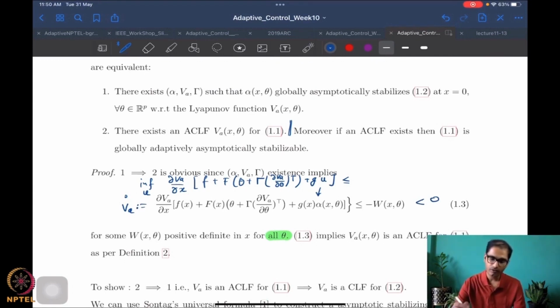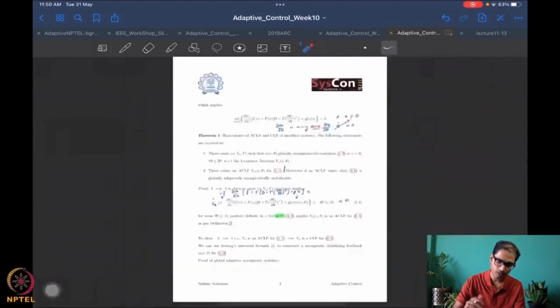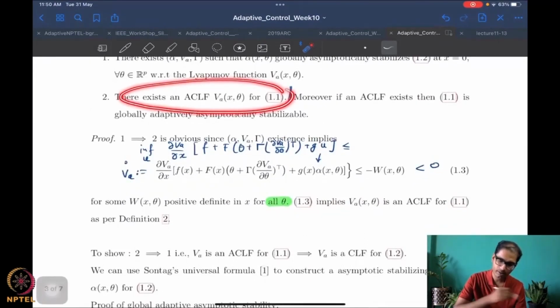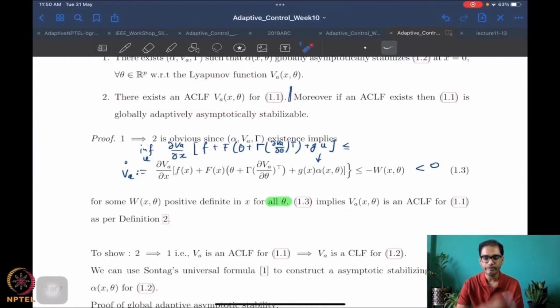Therefore VA is an ACLF for 1.1. And that's what this statement says, that there exists an ACLF. VA is exactly this adaptive CLF.